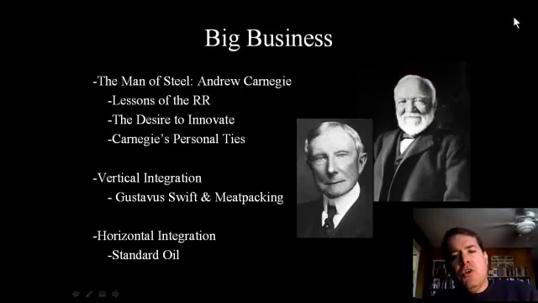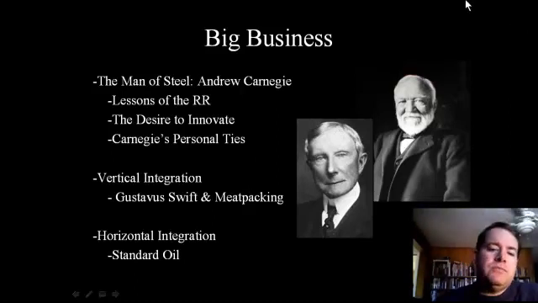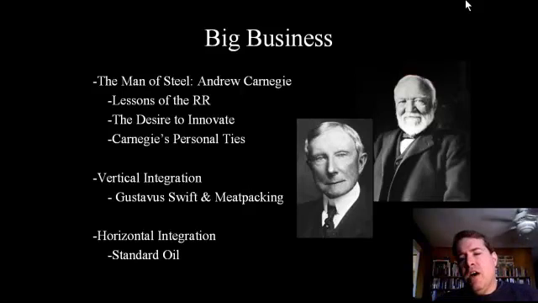Now, there's another man who will come to dominate another key industry in America during this time period. This, of course, is John D. Rockefeller. This man right here. This is John D. Rockefeller. Today, the Rockefellers are probably some of the richest people in the United States.